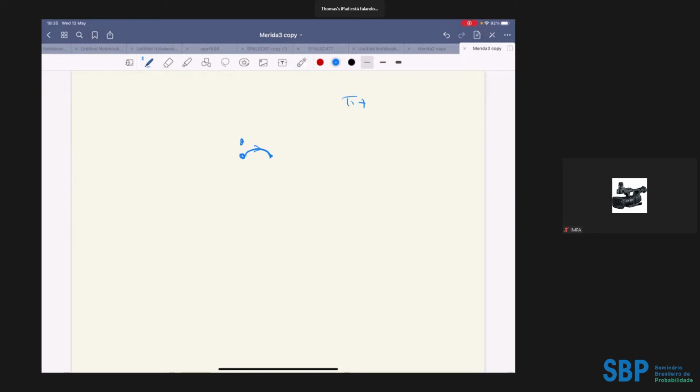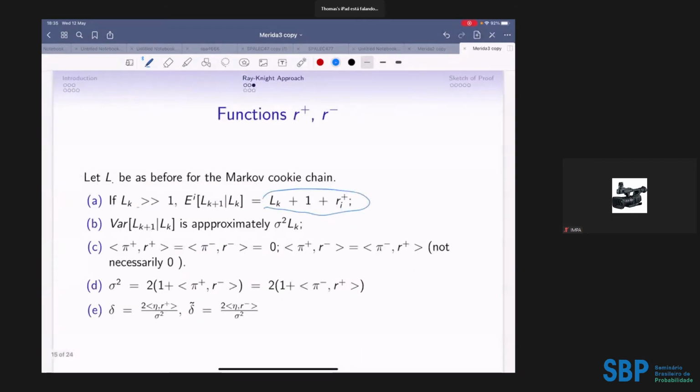You look at it until you make a move to the right, then you come back, you're in equilibrium. So from this we see, because pi p is a half, you're going to make as many moves to the right as to the left in the long run, at least in expectation terms. That tells you that the integral of r plus with respect to pi plus has to be 0.